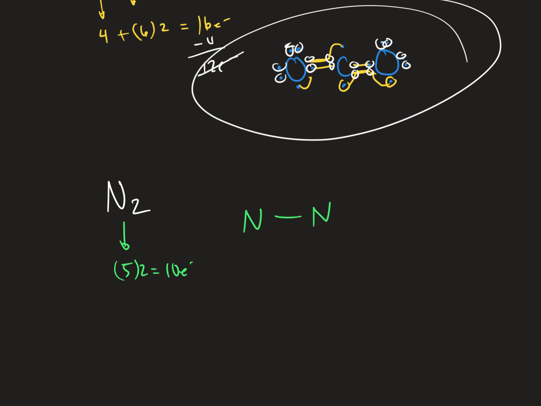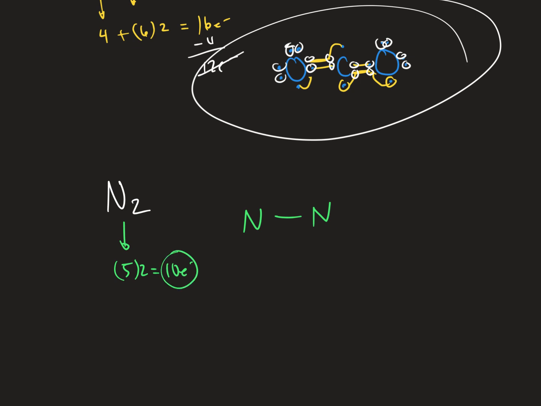We good? How many bonds do we have? 2. Okay. Let's try it. 3, 2, what is it? 7, 9? Let's work it out. We have 10 electrons.